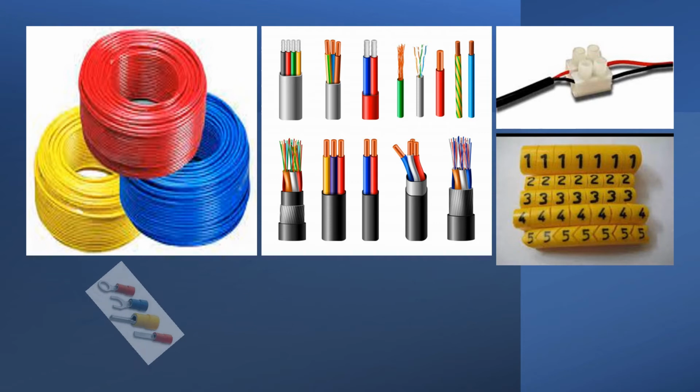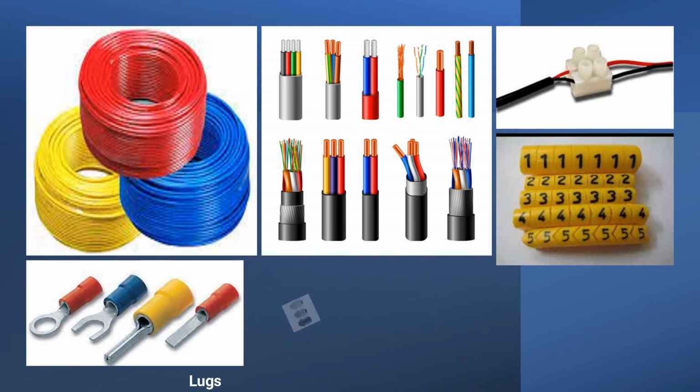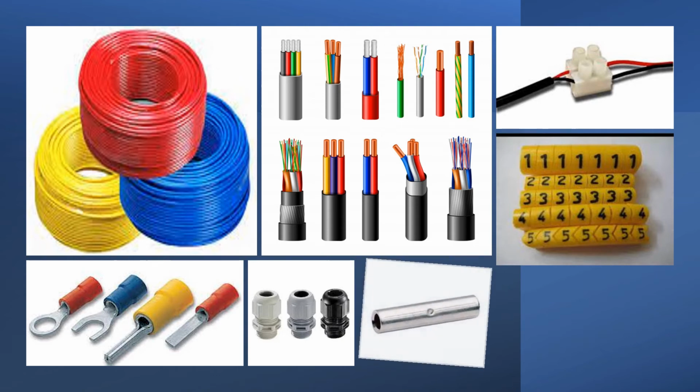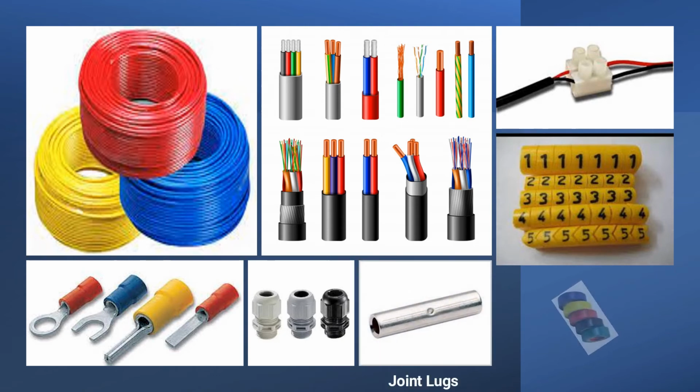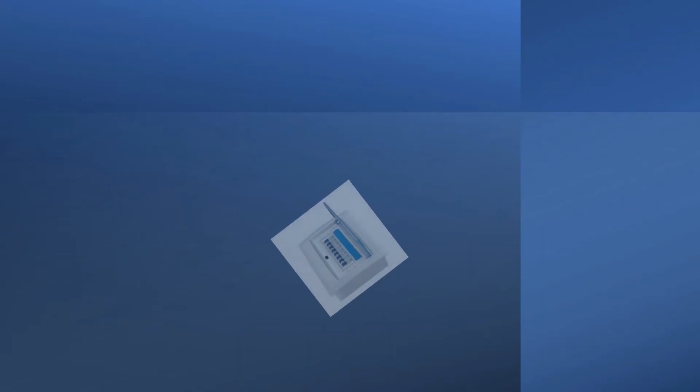This is the ferrule for identification of the cable and circuits. This is a lug. By using this, we will connect the cable into the DB, MCBs. This is the gland. This is the joint lug, and moreover insulation tapes.